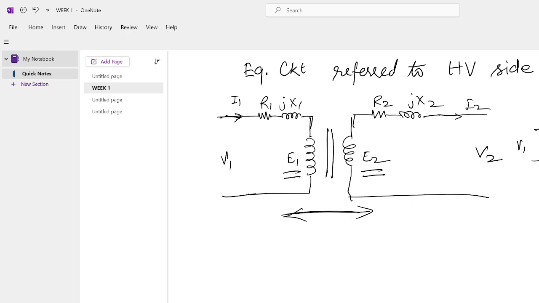We have E1 by E2 equals N1 by N2. Similarly, I1 by I2 equals N2 by N1.